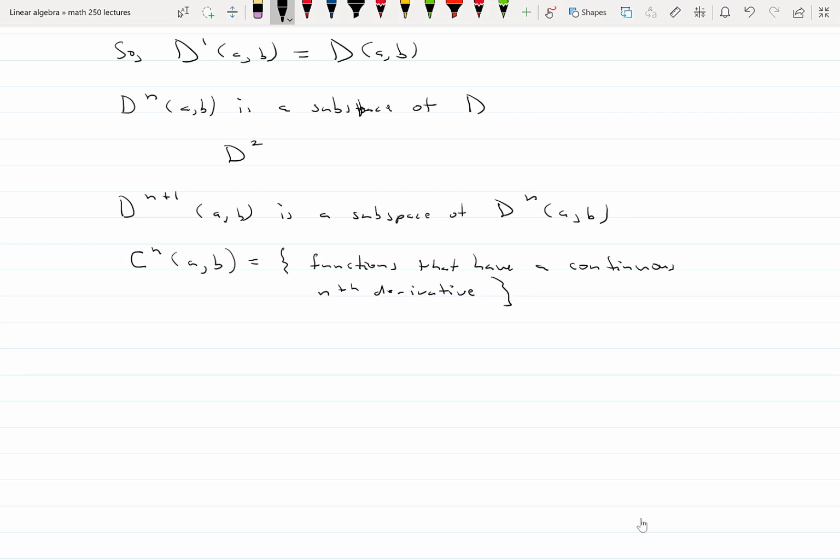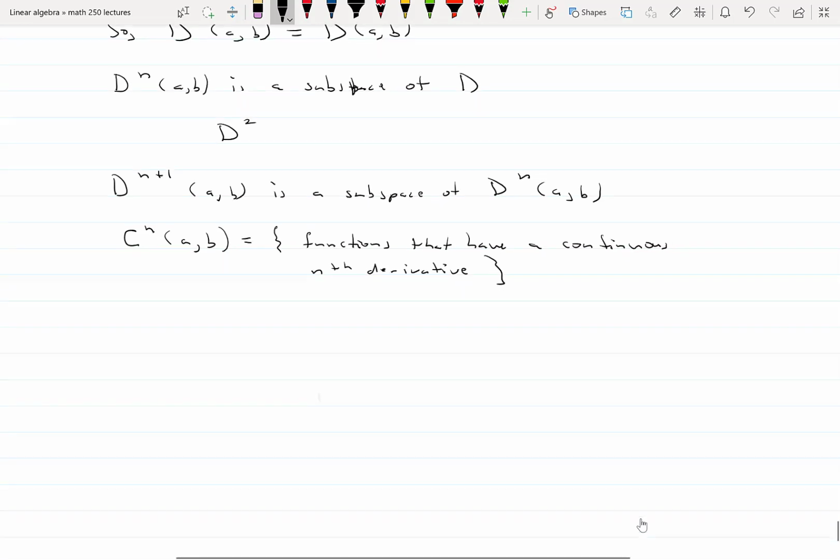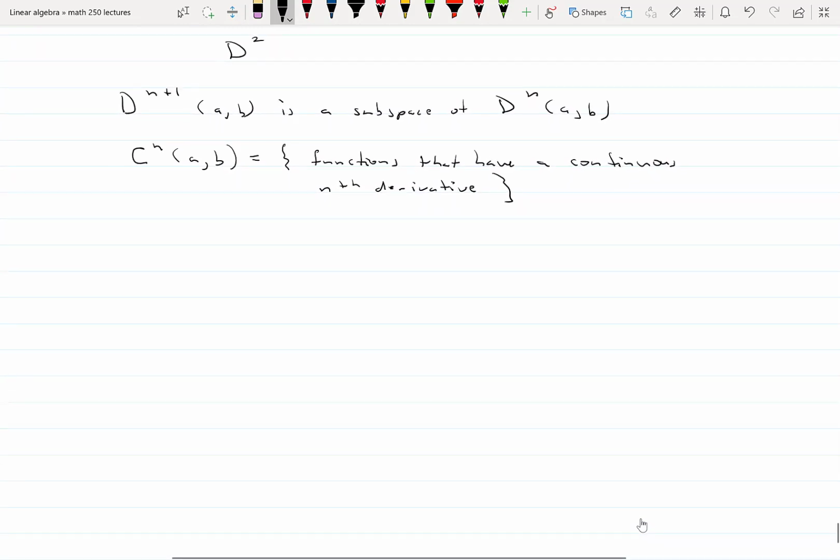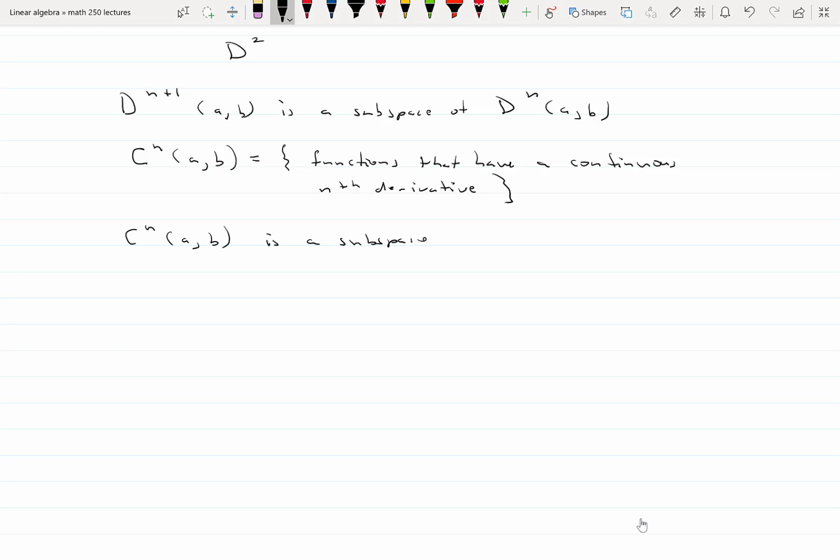Every time you create a set that's more restrictive, you put that set inside of a bigger, less restrictive set. So CnAB is a restricted set of functions that have derivatives. It is a subspace then of, what do you think? Of D of A, B.